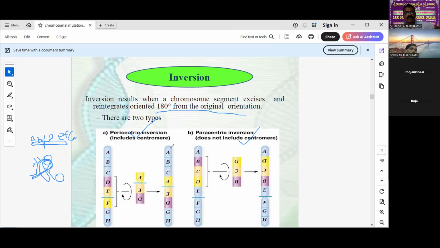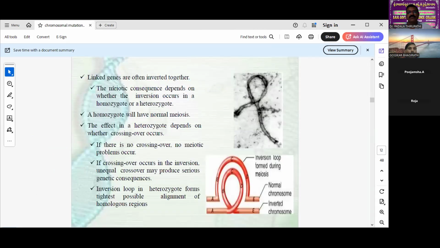So pericentric and paracentric inversions lead to changes in the centromere positions. A metacentric chromosome that undergoes inversion is converted into a submetacentric chromosome. So like that, we can go through the diagram also. Linked genes are often inverted together.